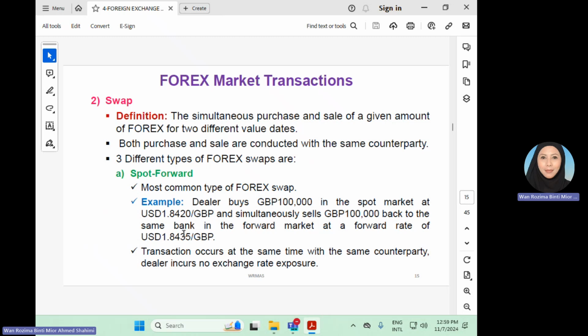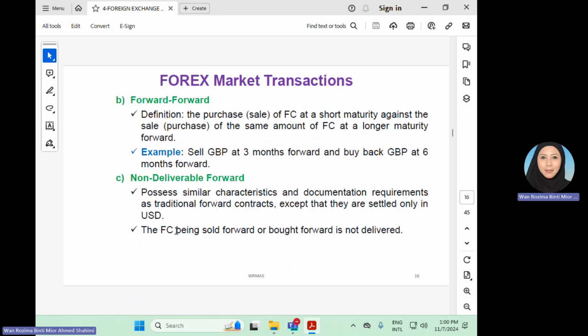Forward: the purchase, meaning that you use two different forwards at two different maturities. The definition: the purchase or sale of foreign currency at a short maturity against the sale or purchase, depending, of the same amount of foreign currency for a longer maturity forward.